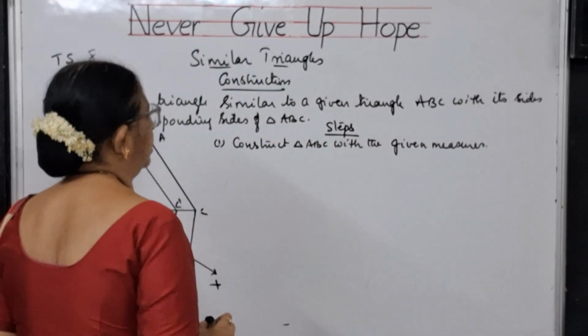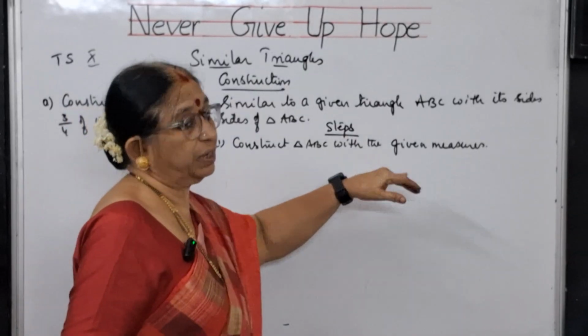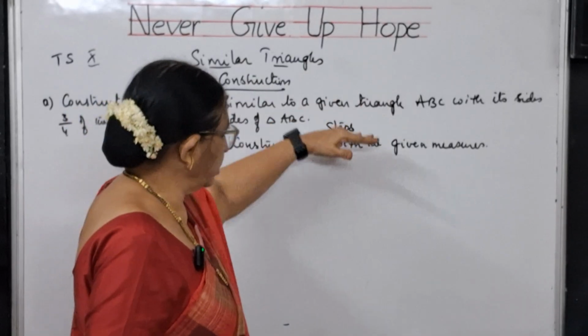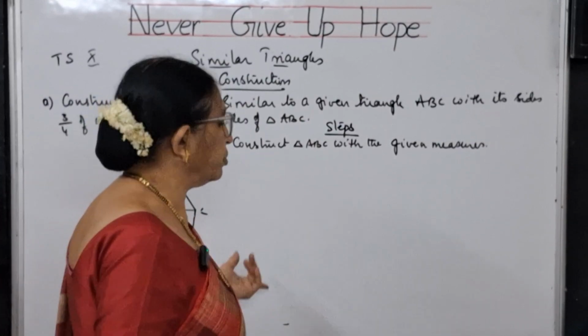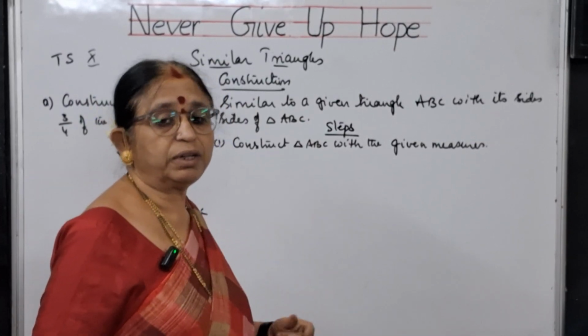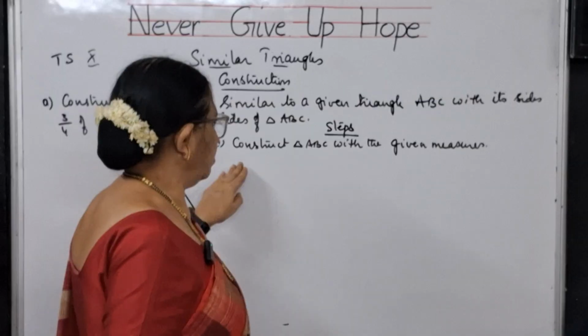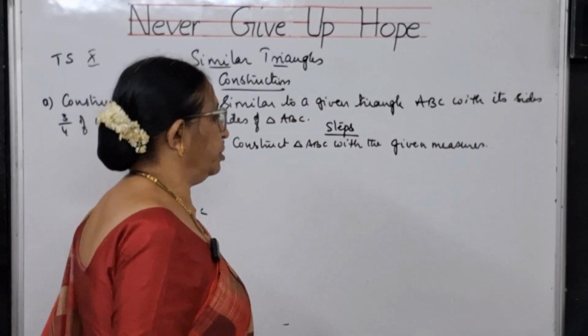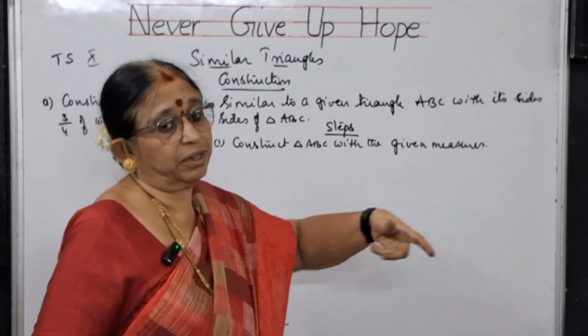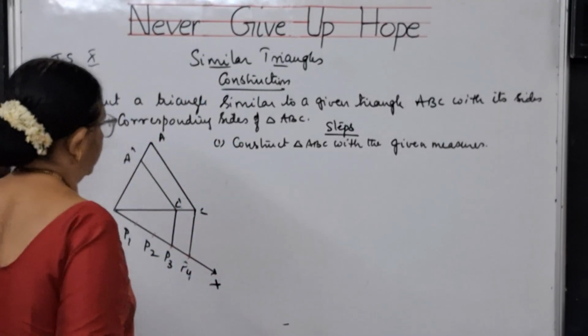This point I am writing, of course, now they have not given any measures, but the statements, the steps you are writing will be almost the same for other constructions also. Just write this one: construct triangle ABC with the given measures. That will do; if the measures are given, you will use them, otherwise you will take your own measures.